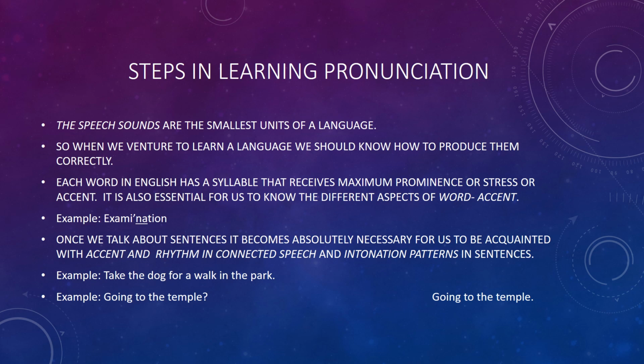Once we talk about sentences, it becomes absolutely necessary for us to be acquainted with accent and rhythm in connected speech and intonation patterns in sentences. There are some words in sentences or in connected speech which are said quickly and some others receive the stress or accent. Take a look at the example sentence that's given over here.